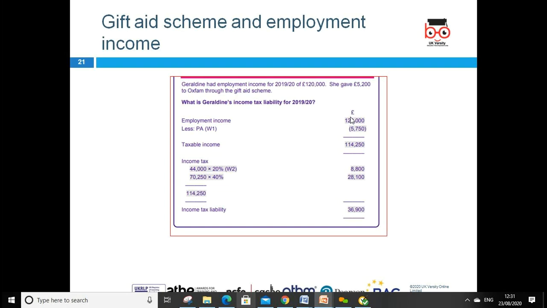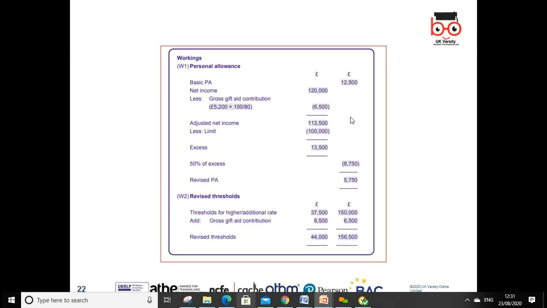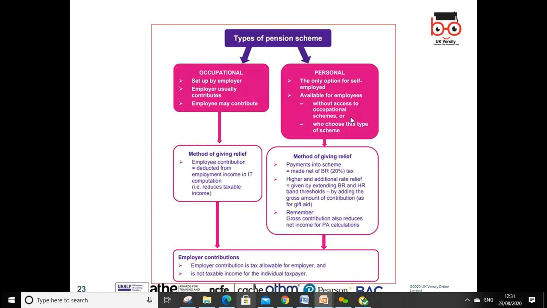You can enhance your basic rate band, up to 44,000 will be 20% tax on it, then the remaining will be 40% tax on it, and then the taxable liability will be 36,900 tax being paid. Anybody any question?